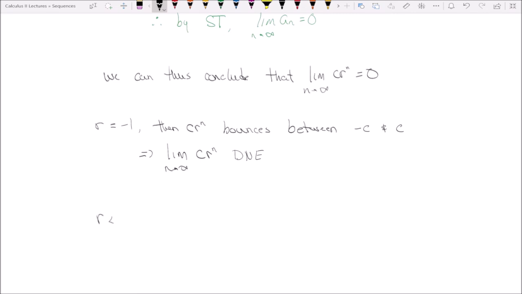Finally, if r is less than negative 1, well, then the absolute value of r would be larger than 1. All right, so we have c r to the n bouncing back and forth between positive and negative values.